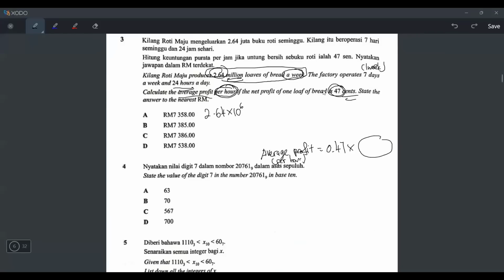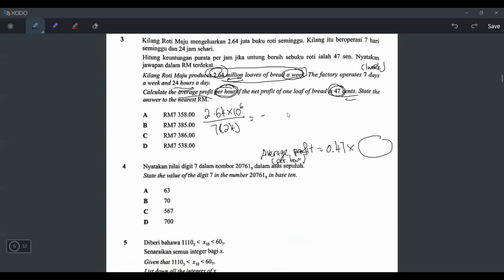So I have to take the profit for 1 loaf of bread times the number of bread produced in 1 hour. We already know the number of bread produced in 1 week is this. So if I divide by 7, I will know the number of loaves produced in 1 day, because 1 week has 7 days. But then I still have to divide by 24.